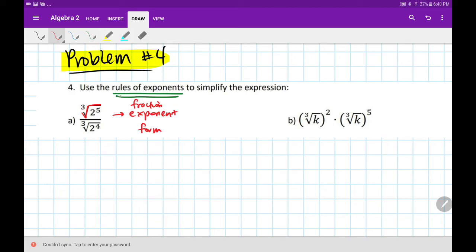So our numerator would become 2 to the power of 5 over our root of 3. And our denominator would be 2 to the power of 4 over 3. Remember, your root becomes the denominator.